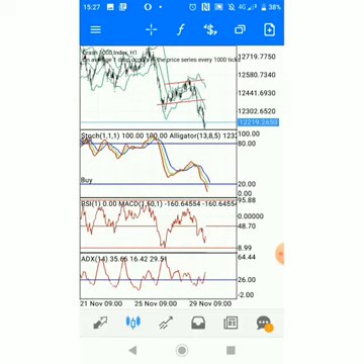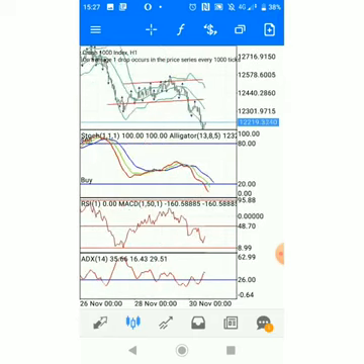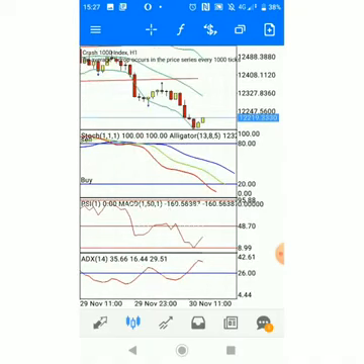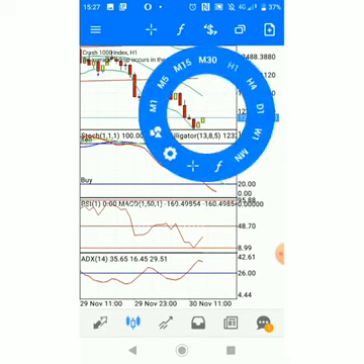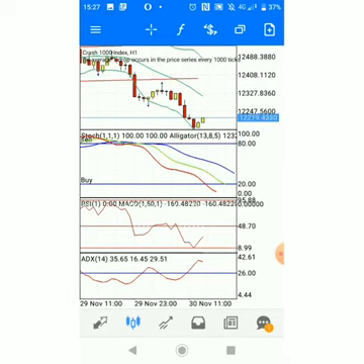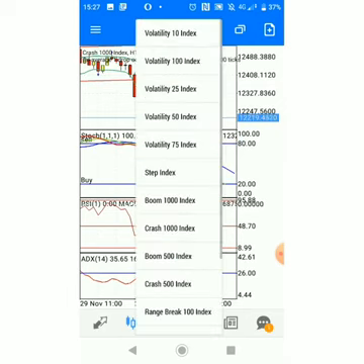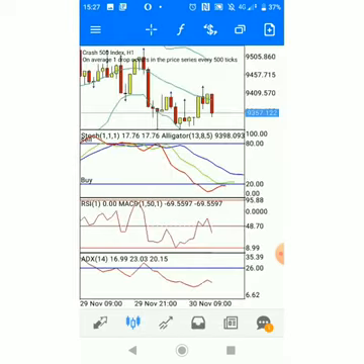From the last zoom level you take it 1, 2 and 3. So you can do it on Crash 1000. You can also do it on Crash 500. The same strategy applies.